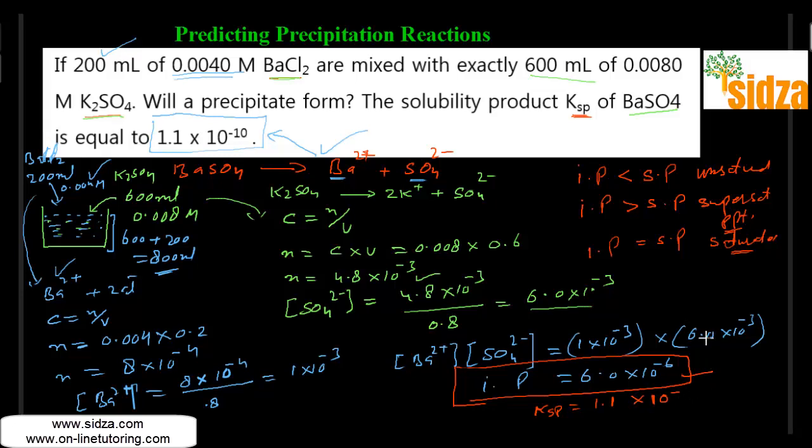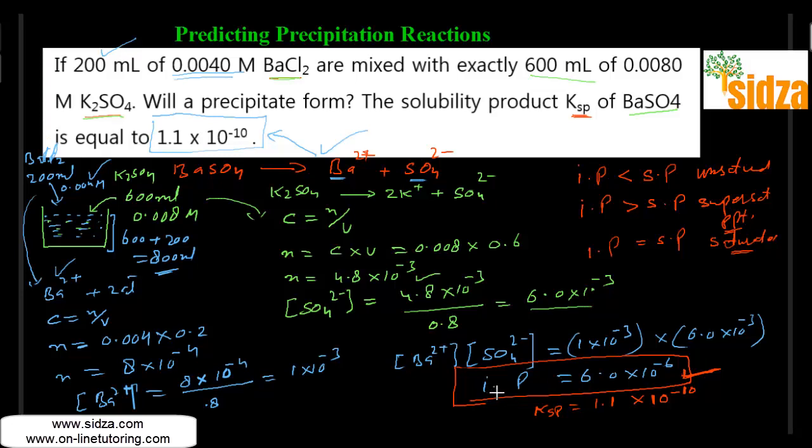So the ionic product is more than the solubility product. That means this is a much higher concentration than what the solution can hold. In a saturated solution you can have 10 to the power negative 10, but actually here it is 10 to the power negative 6.